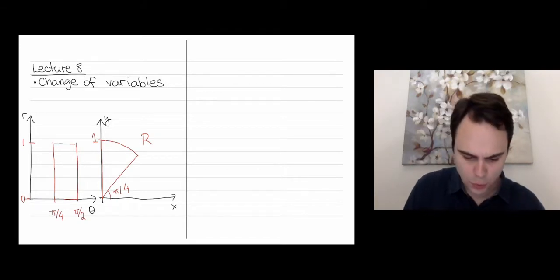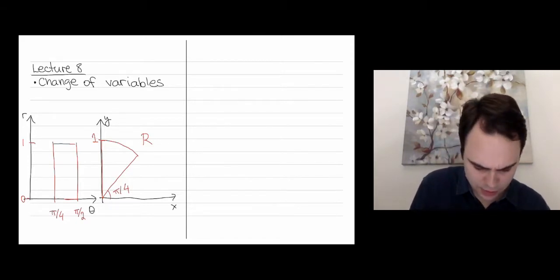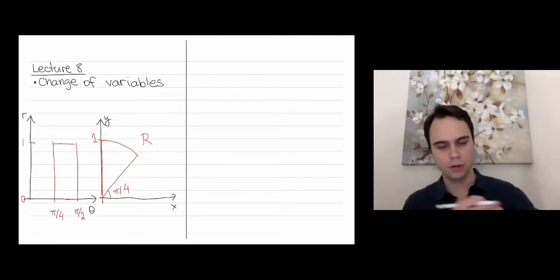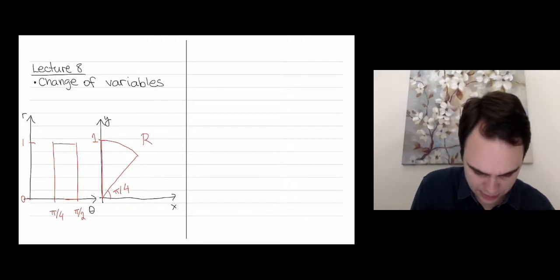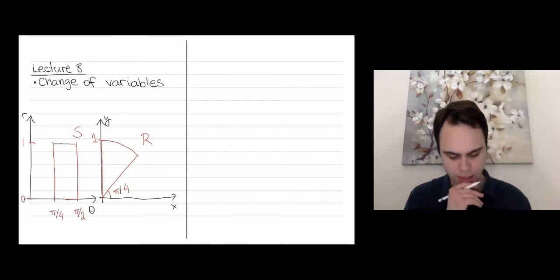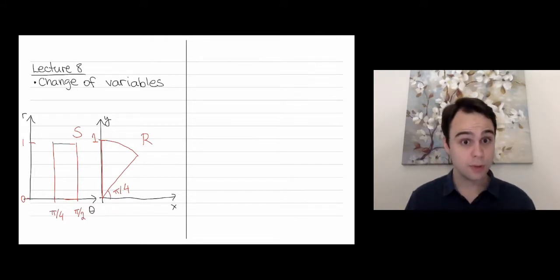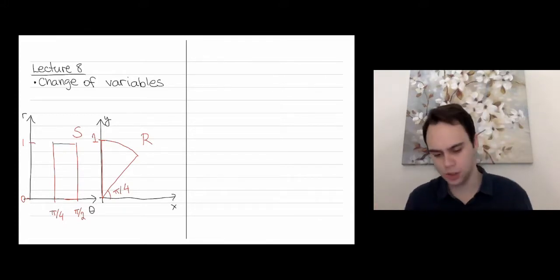Okay, so when we change to polar coordinates, we're really integrating over a different region. So we're integrating over the region of the r theta plane that corresponds to R. Let me call that region S. And there's another important thing when we change coordinates to polar coordinates, and that's the rule for changing the coordinates, right?